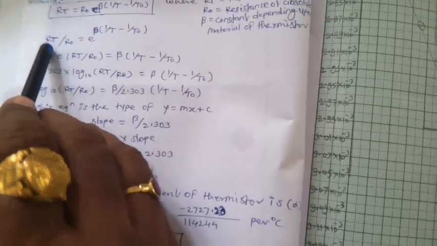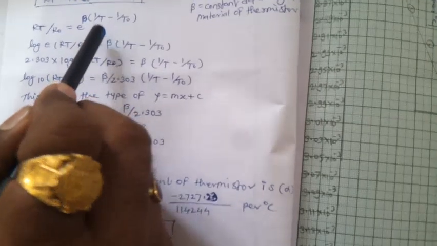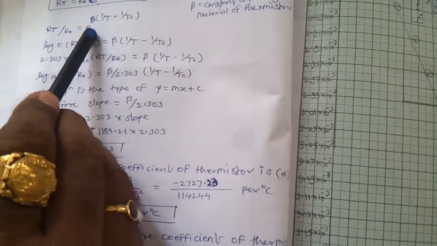So we get RT upon R0 equal to e raised to beta into bracket 1 upon T minus 1 upon T0. Now we remove the exponential component in this equation.